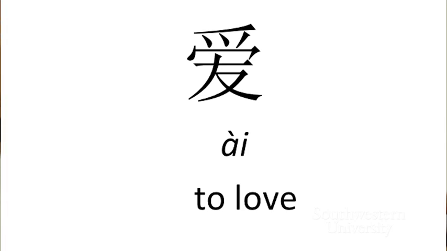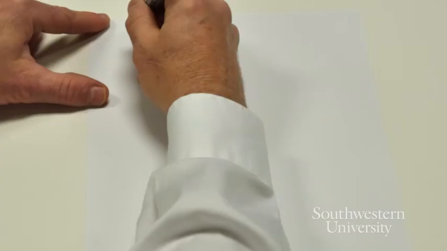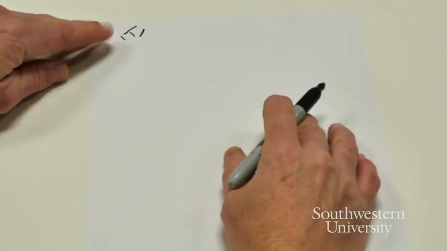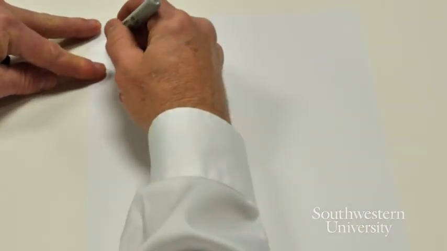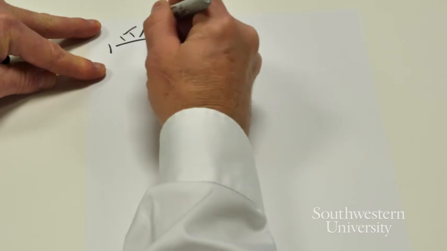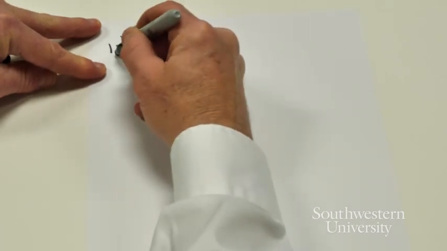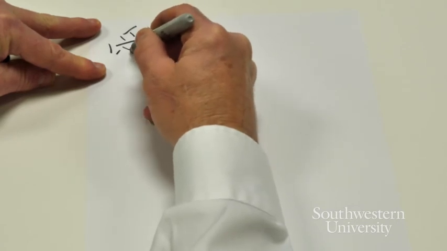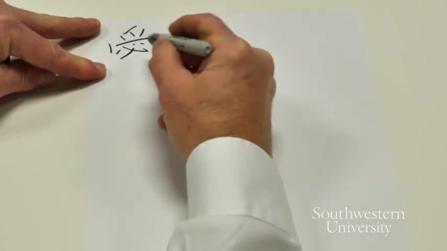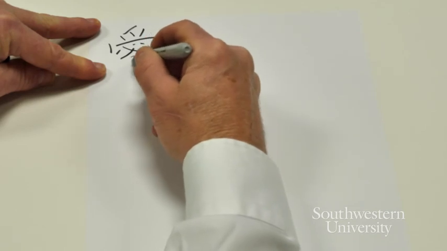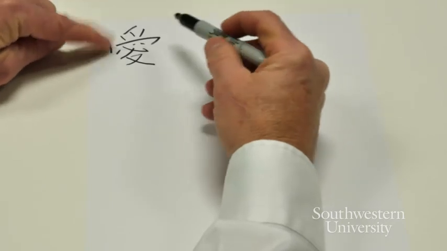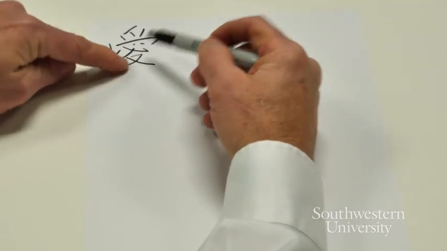The next character, I'm going to show you the traditional character first. Ai, to love. The top part is just a different form of a hand. I'll go over that again. This part is a roof. Now in the traditional character you write a heart under the roof, then a stroke extending down, and a right hand. So hand, roof, heart, hand again.